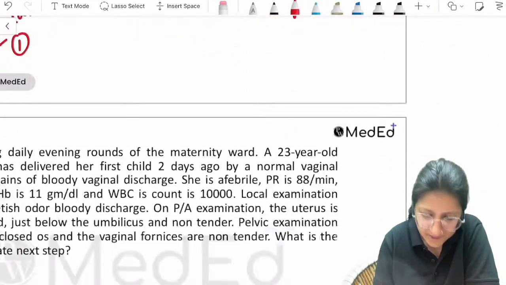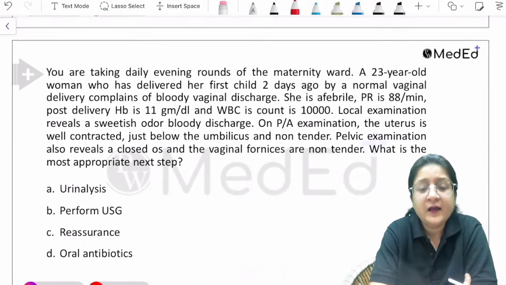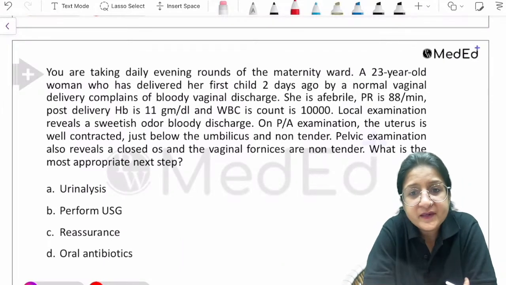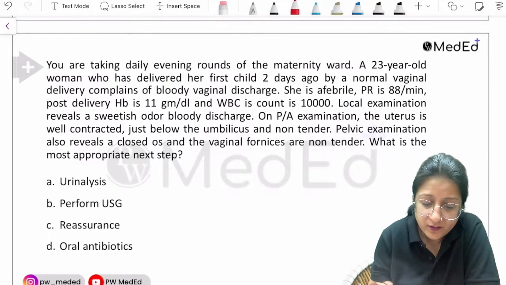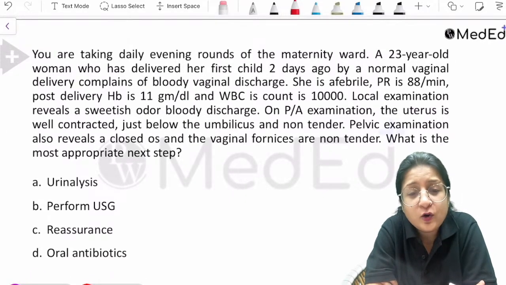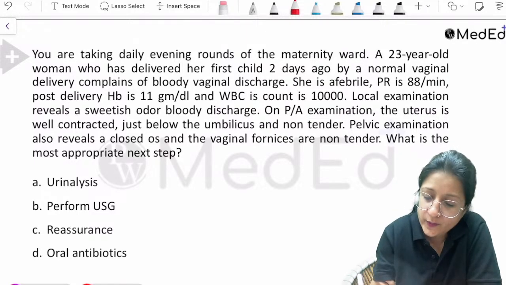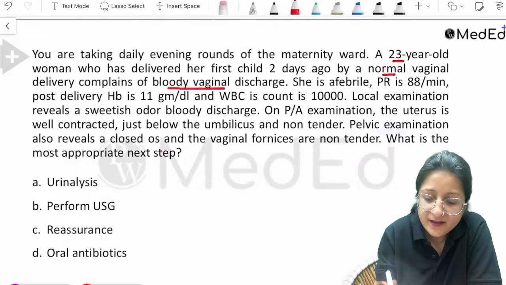Okay, now moving on. Next question. You're taking daily evening rounds of the maternity ward. A 23-year-old woman who has delivered her first child 2 days ago by normal vaginal delivery complains of bloody vaginal discharge.